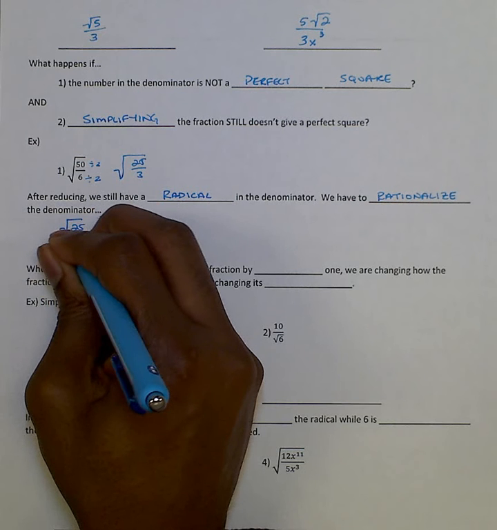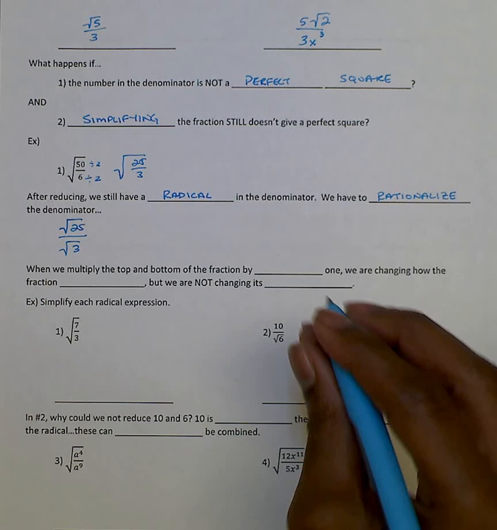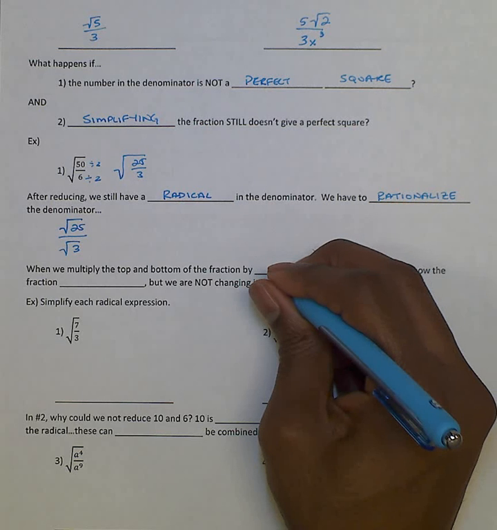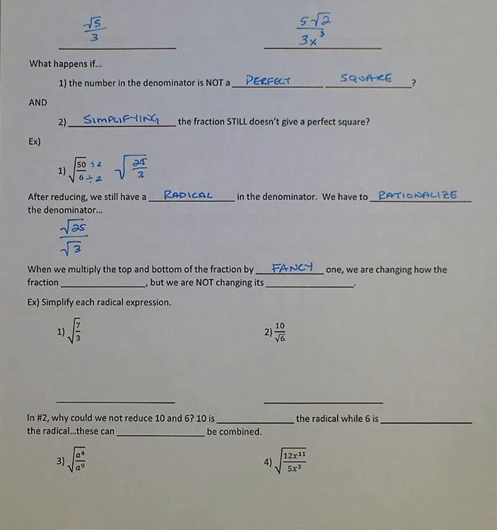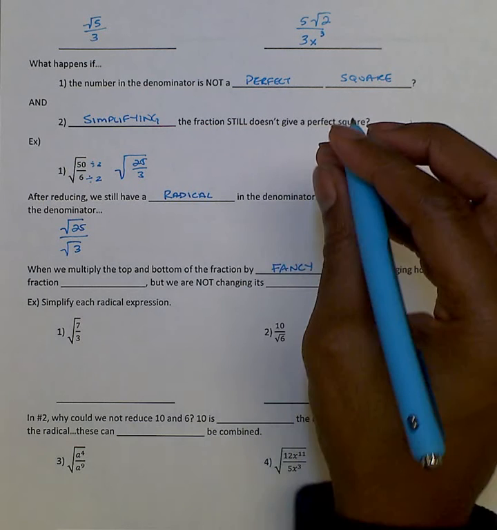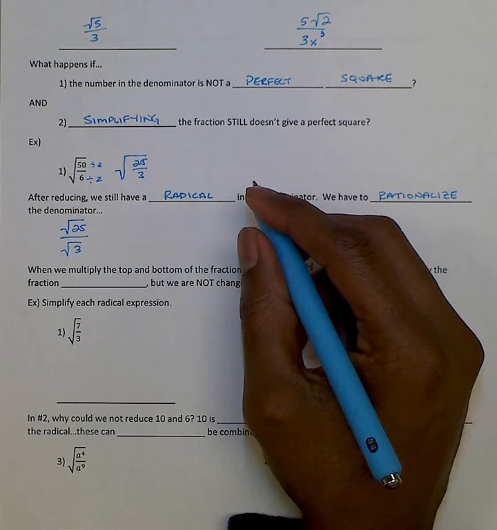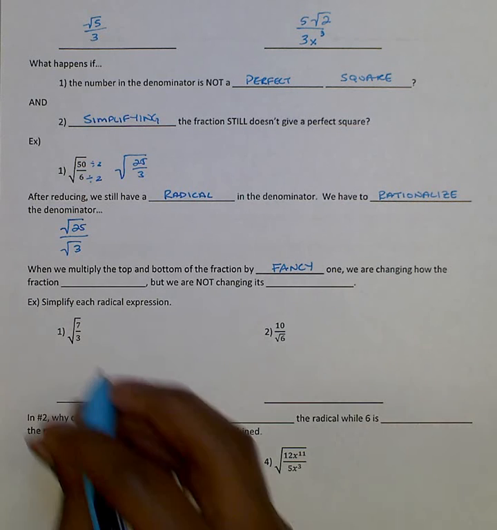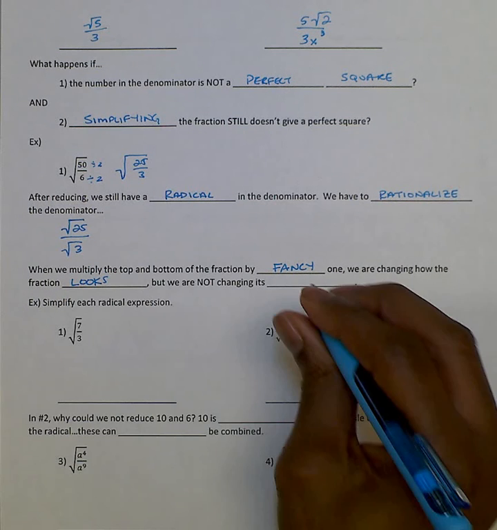To do this, we're going to multiply this by what I like to call fancy 1. Okay? The reason I call this fancy 1 is, well, if we multiply something by 1, we're changing how the fraction looks, but you know that multiplying by 1 doesn't change its value.